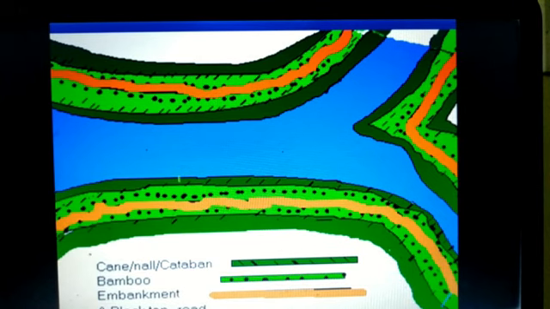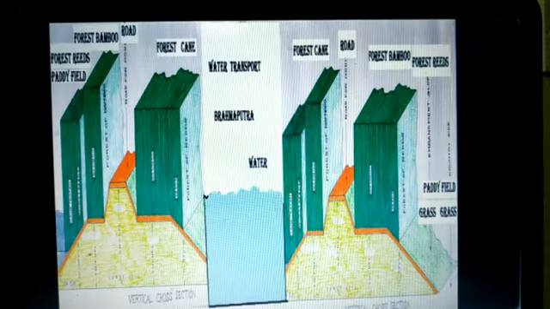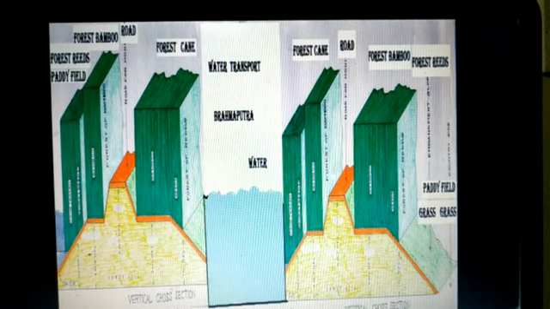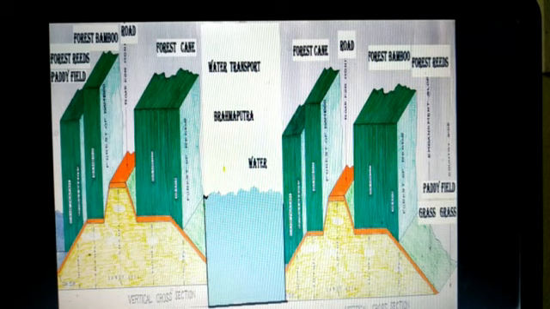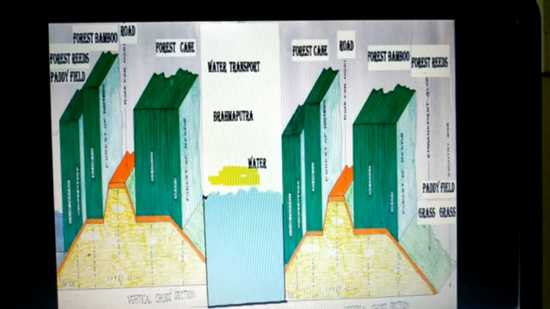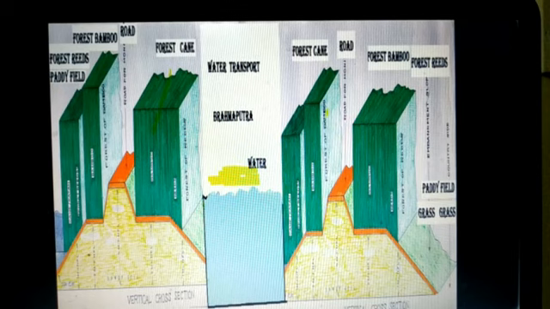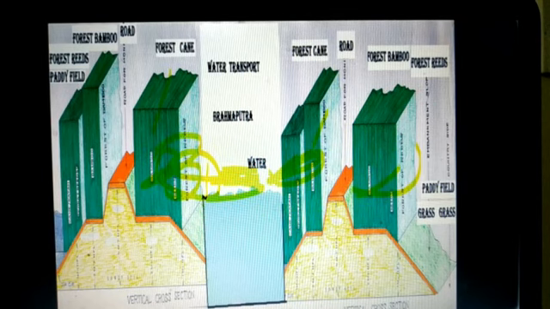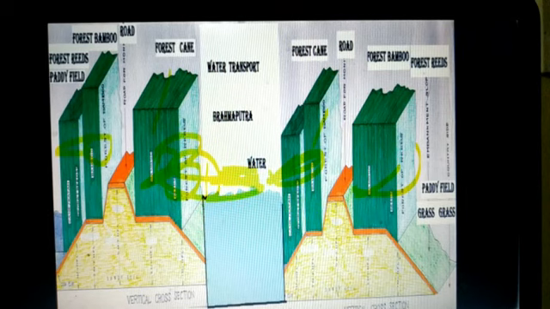See, the vertical distribution is in this way. This is the Brahmaputra. And on this part, bamboo forest here, cane forest here. So here cane forest, this bamboo forest, and grass and reeds.